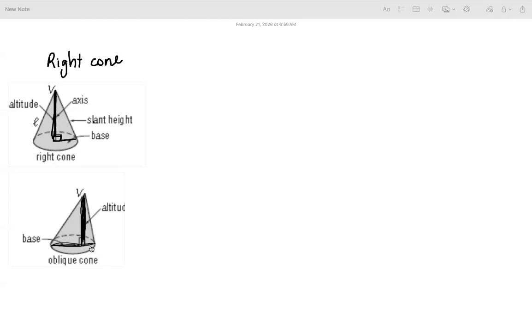Whenever you don't have the sides of a cone, you can use the Pythagorean theorem, or you can always use trigonometry to find the sides of a triangle if it is a right triangle, or you can use law of sines or law of cosines if it is any triangle, or you can always rely on 30-60-90 or 45-45-90 triangles if needed.